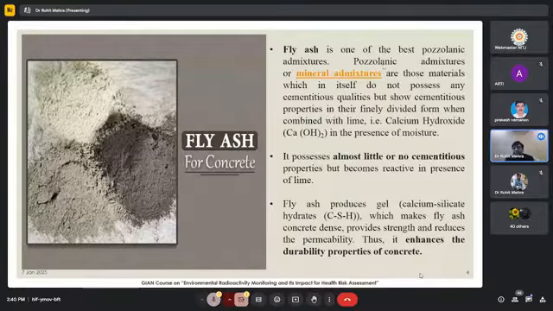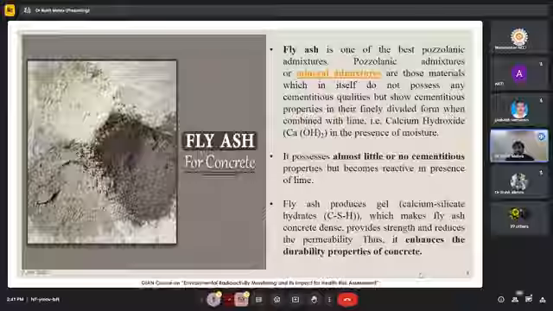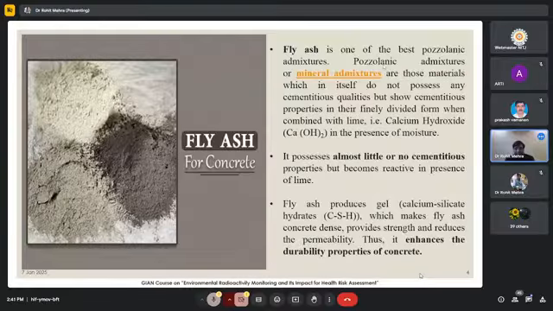So Pozzolanic admixtures or the mineral admixtures are those materials which in themselves do not possess any cementitious qualities, but they show cementitious property in their finely divided form when they are combined with calcium hydroxide. So if you mix these Pozzolanic admixtures with the cement, they provide a very good binding capacity.